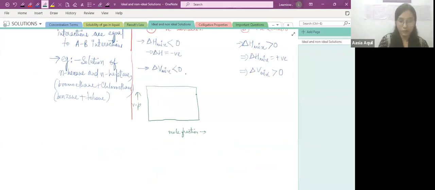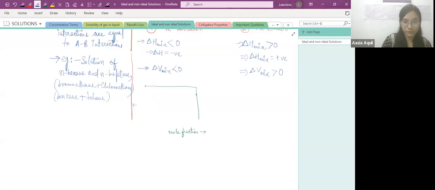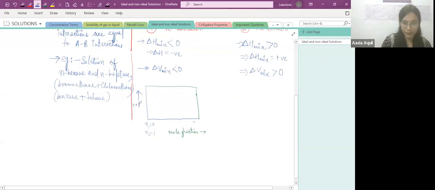Next, for the negative one. P1 naught is here and P2 naught here. Here x1 was 0 and x2 was 1, but here x1 was 1 and x2 was 0.